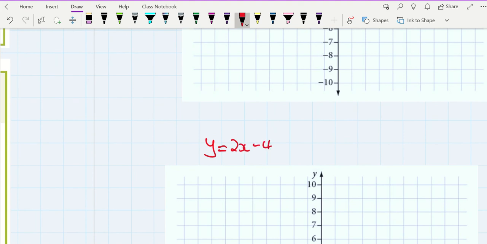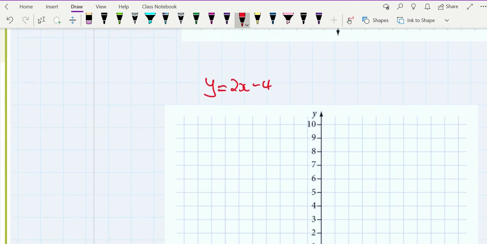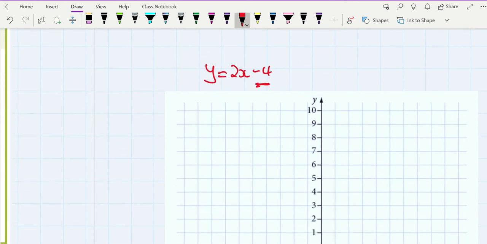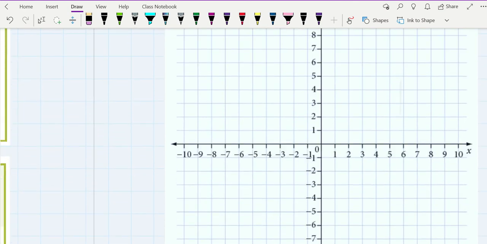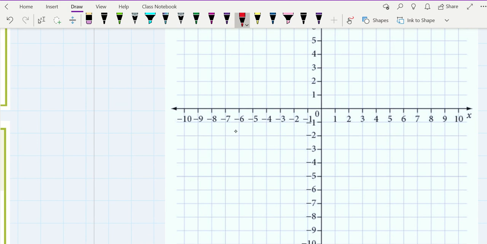My gradient is rise over run, but I want to do the intercept first. So it's crossing the line at -4. So that's this point here. So y equals 2x minus 4.